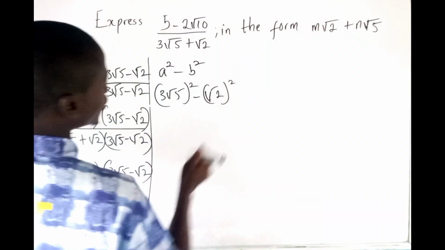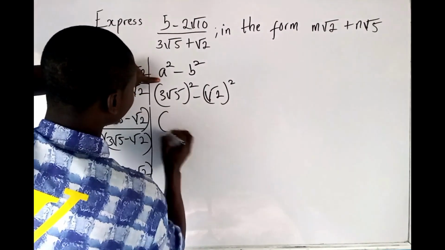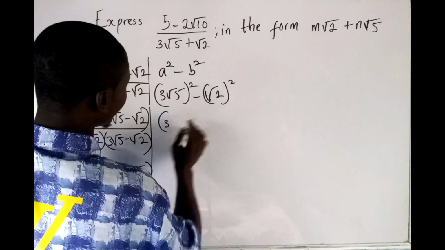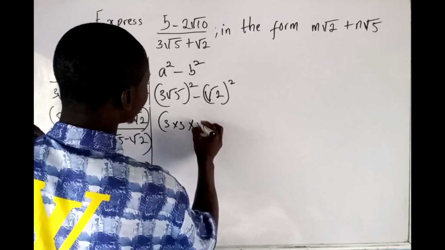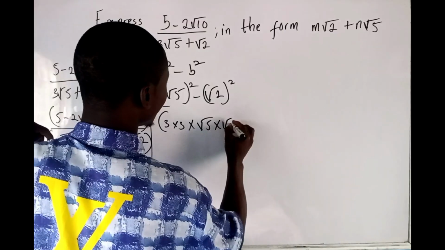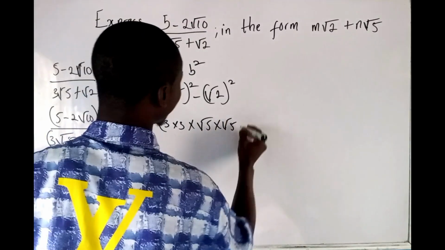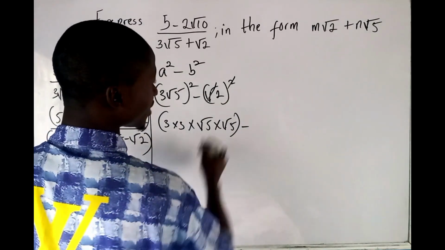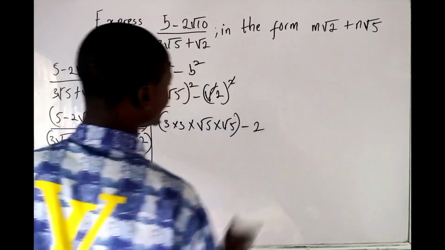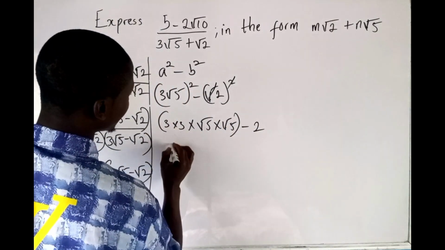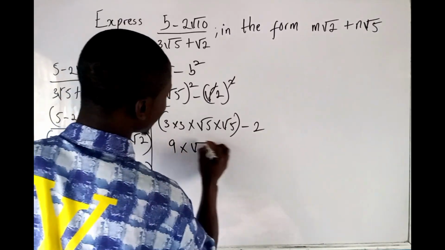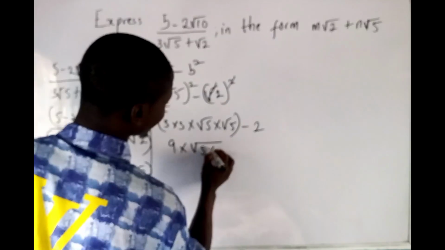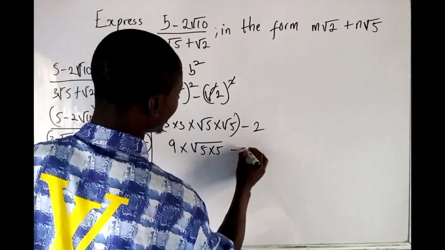So we can now do 3 times 3 times root 5 times root 5, then close the bracket, minus, the square can cancel out the square root, so you are left with minus 2. Now 3 times 3 gives us 9, times root 5 times root 5, so we are left with minus 2.